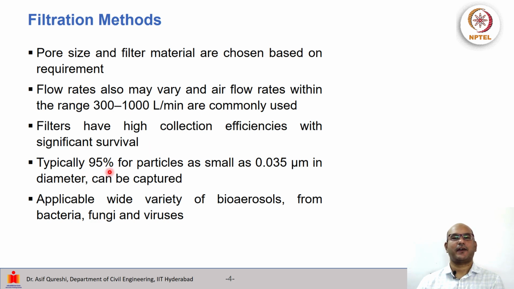Typically, 95% of particles that may be as small as 0.035 micrometers in diameter can be captured. So we can go to a very fine particle diameter size using this method. Therefore, this kind of method is applicable to a wide variety of bioaerosols, from bacteria, fungi, and even viruses.